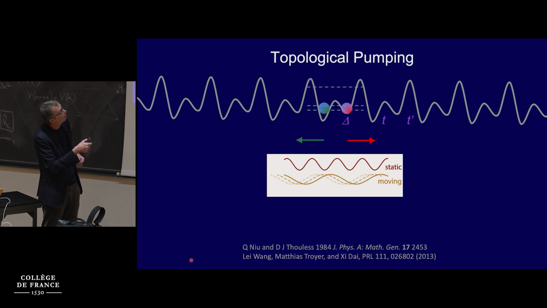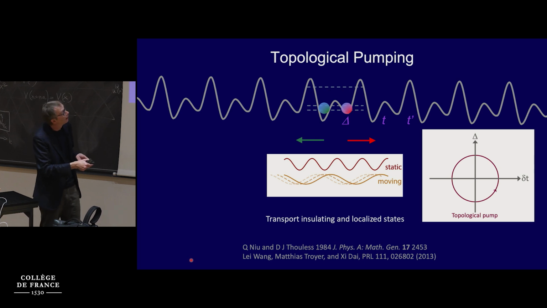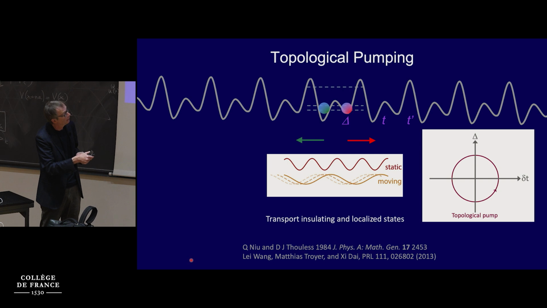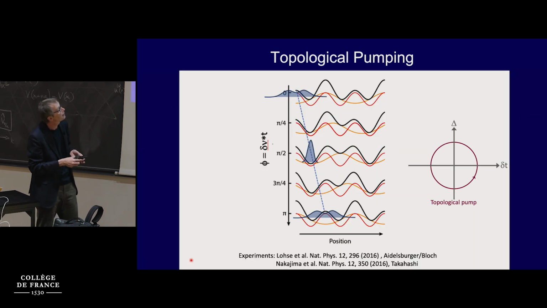That's one of your parameters in the system, and the relative tunneling within the double well and between the double wells. So there's a delta T and a delta. And now you let that run on a periodic cycle. And then if you avoid closing this, you avoid going here to the center, so you either have a finite delta or a finite delta T, then you will achieve a topological pumping in the following sense.